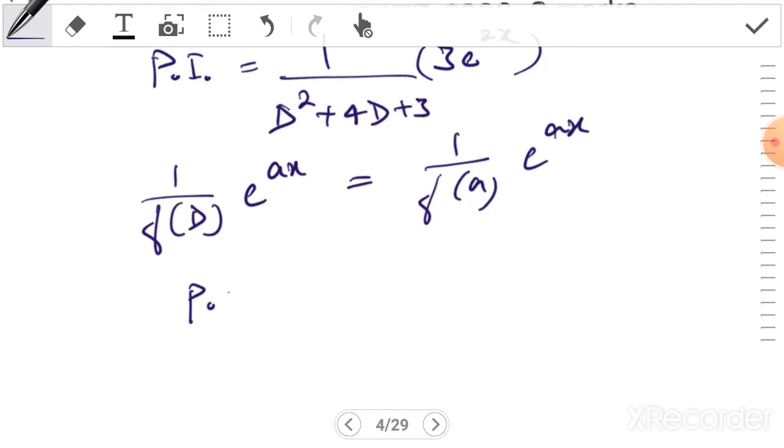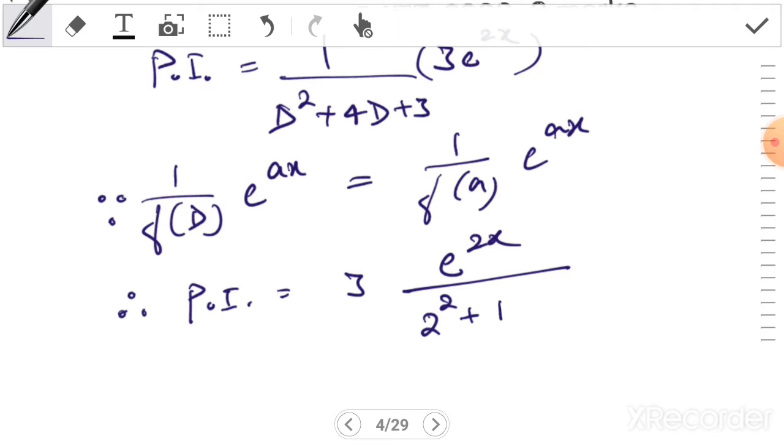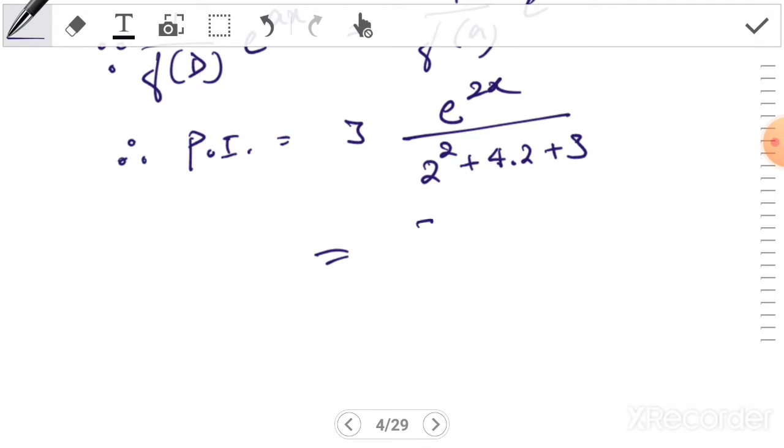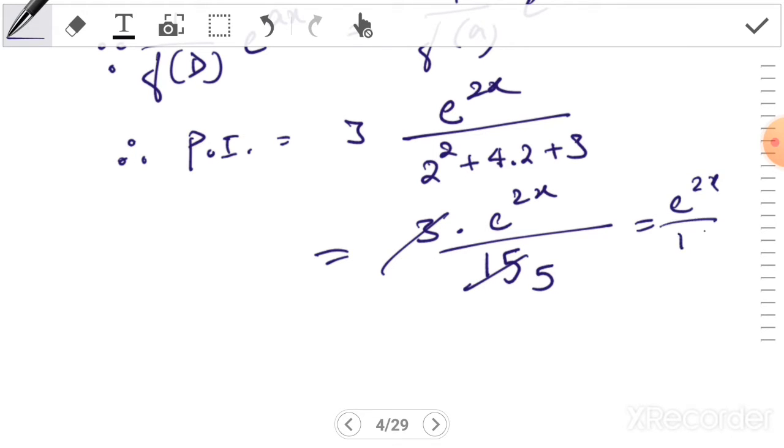the PI will be equal to 3e^(2x) by (2² plus 4 times 2 plus 3), that is 3 times e^(2x) by (4 plus 8 plus 3), 15, that is e^(2x) by 5.